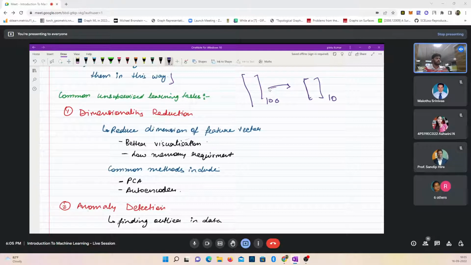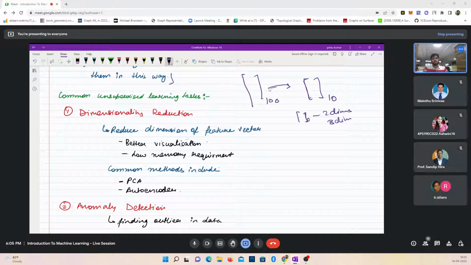First, you can better visualize the data if you are in lower dimension. Let's say your original data is in 10 dimensions, and if you are able to reduce it to 2 or 3 dimensions, then you can visualize it and infer something about the data using your own wisdom and intelligence. Second, it requires less memory to process the data. Also, it sometimes helps you overcome the curse of dimensionality.